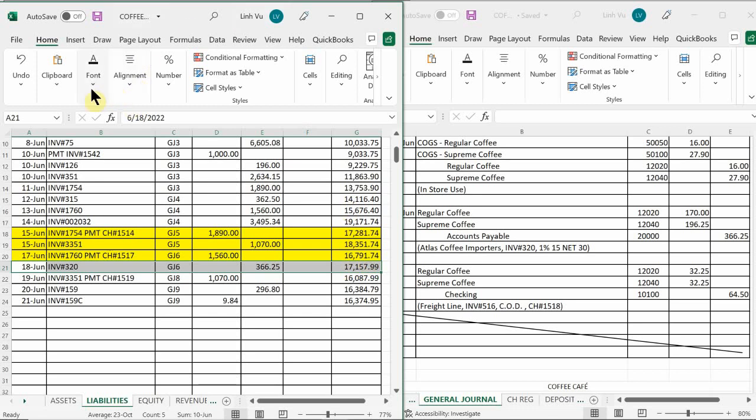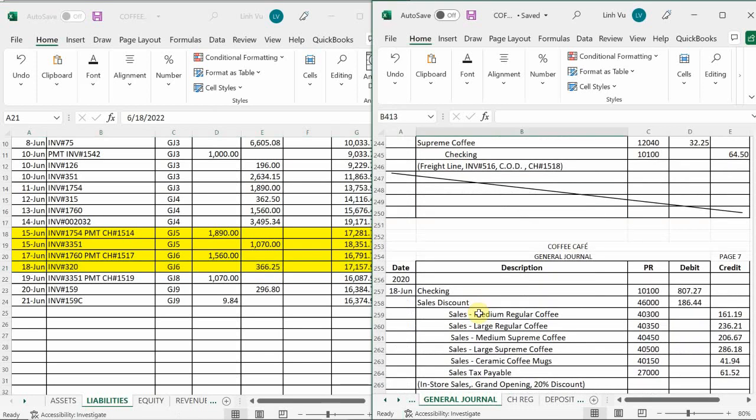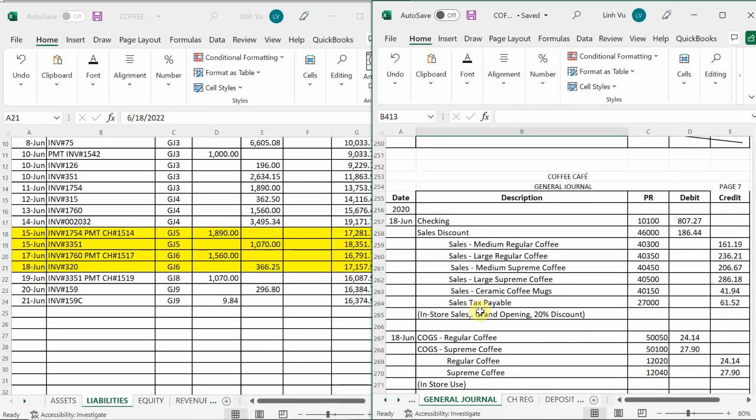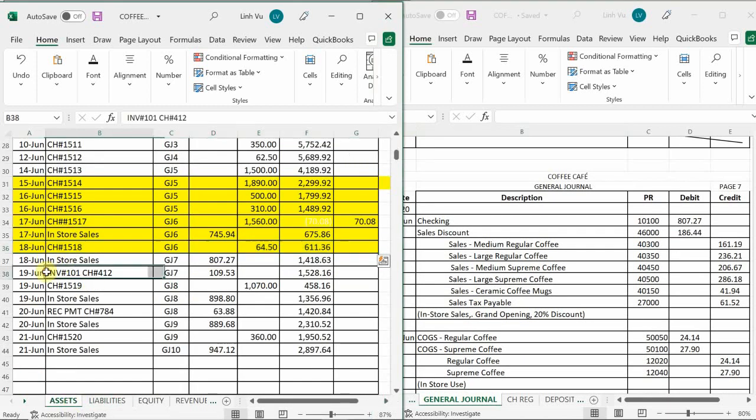Okay. So everything's good so far. Let's see. Now we had some more sales that we've done. So checking. We should have received some money here for $807.27.